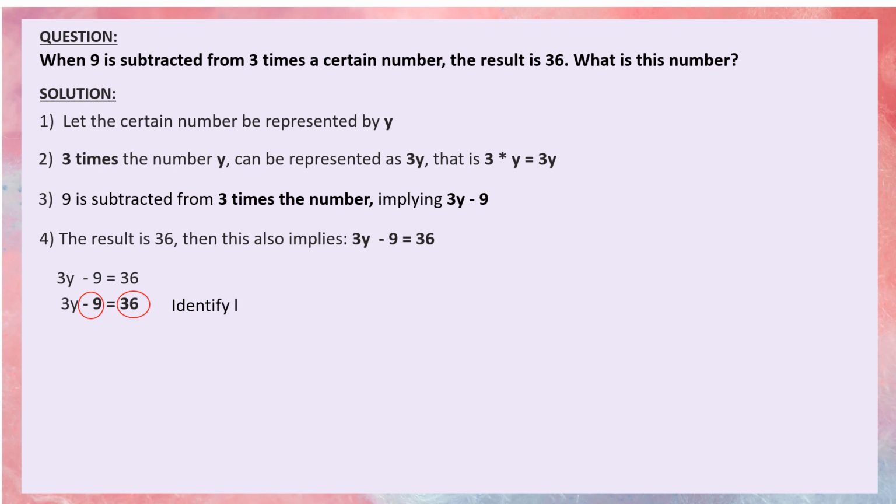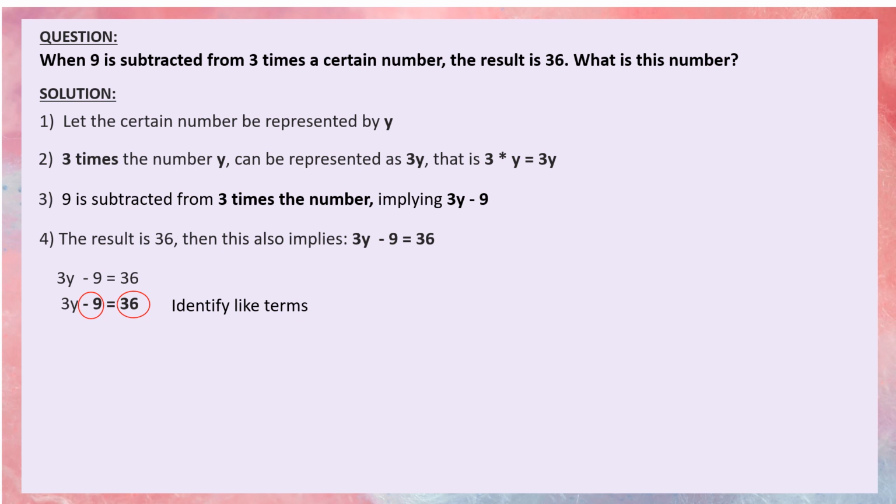What do we mean by identifying the like terms? If you look at the left hand side of the equation, you have 3y minus 9. If you have 3 apples plus an orange, it will still be 3 apples plus an orange.